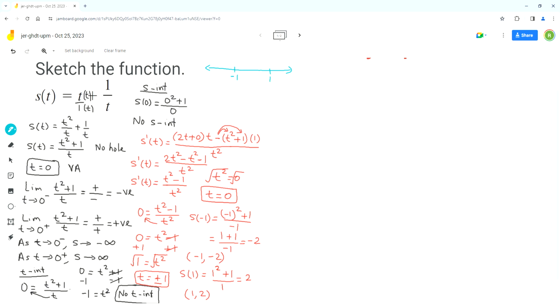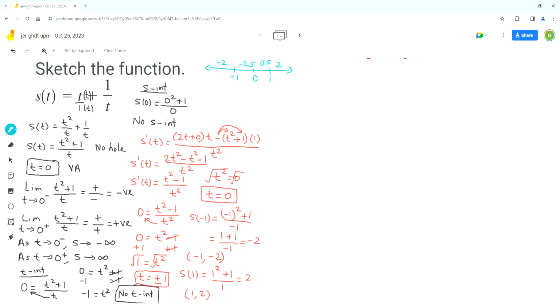Now we have to find the test values on both sides of these critical numbers. On the left side we can use negative 2. On the right side of negative 1 we can use negative 0.5. Now there is a vertical asymptote at t equals 0. So between 0 and 1 we can use positive 0.5, and on the right side of 1 we can use the test value 2.